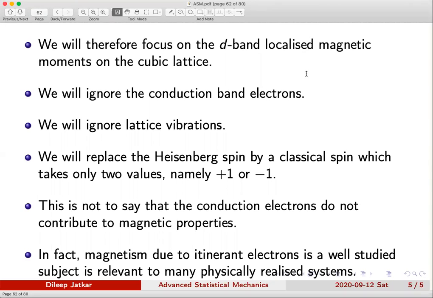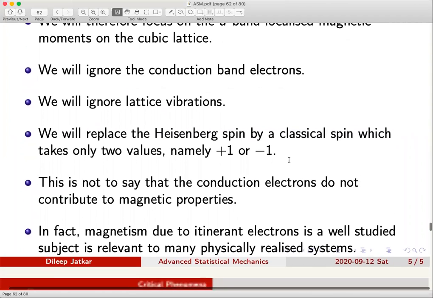So we are ignoring things related to conduction band electrons or lattice vibrations, and simplified the model where we replace the Heisenberg spin by a spin which takes only two values, +1 or -1, which is kind of a classical two-state spin.